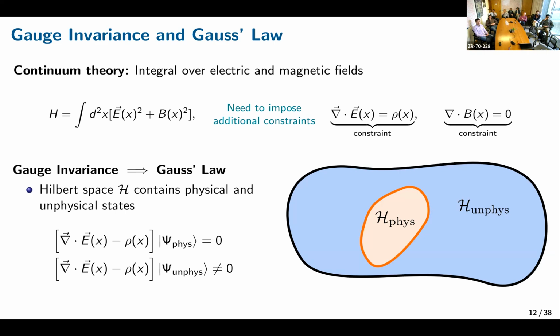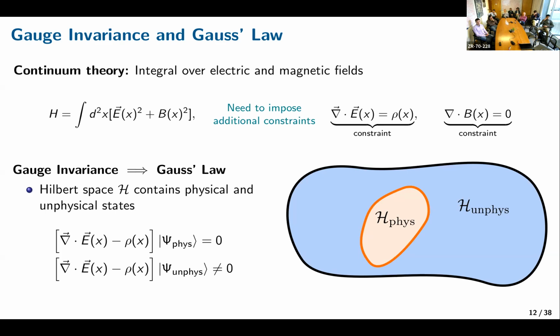One thing about some general Hamiltonian that you write down is that the Hilbert space, this is my schematic of a Hilbert space, can contain both physical and unphysical states, where physical states are defined to be states that obey Gauss's law. So if you take the divergence of your electric field, subtract the charge density, and act on your states, if you get zero, it's a physical state, and it's in this orange blob.